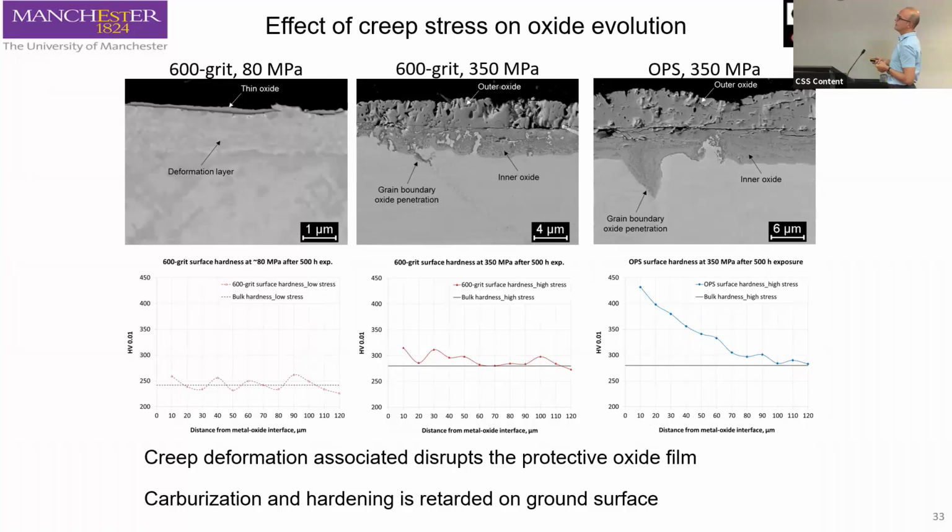So 600 grit with very low stress, the hardness is pretty much constant, so no hardening at the surface. If you increase the stress, you have an increase in the hardness associated with work hardening, because at 350 megapascal you have about 10% of deformation of the material. Only when you have an OPS surface can you clearly see that the hardness on the surface increases.